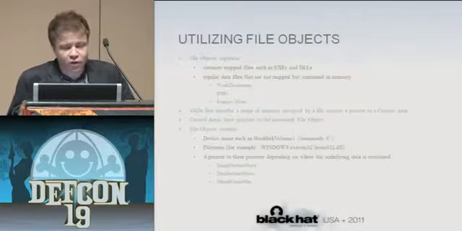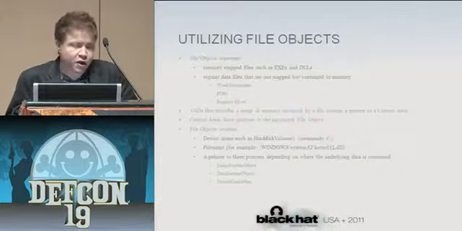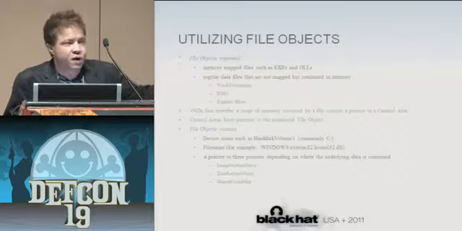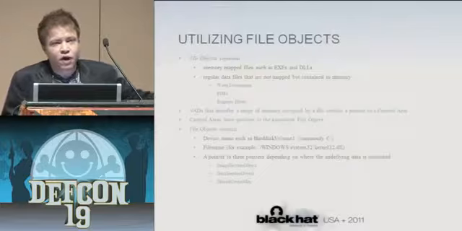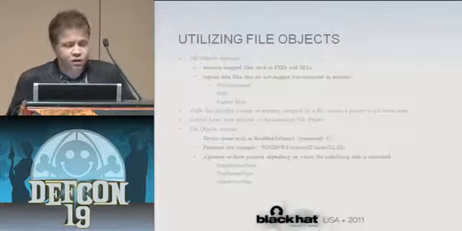If you're very familiar with WinDbg, you'll be used to these structures that we're talking about. The control area has a pointer back to the file object. So we're finding VADs in memory because we found the EPROCESS block. Once we find the VAD, we parse it to see its control area. Once we get to the control area, we parse it to find its file object.